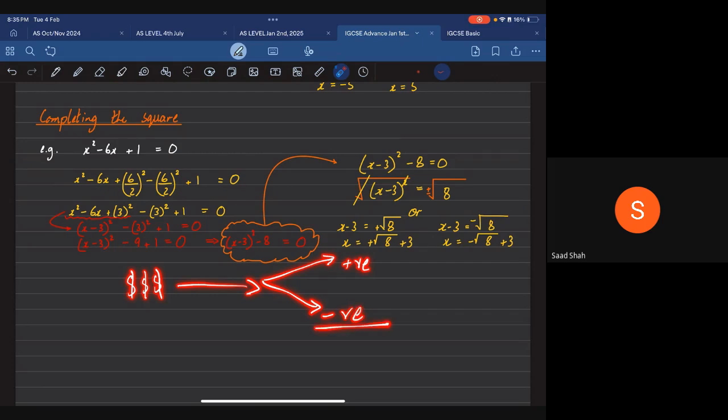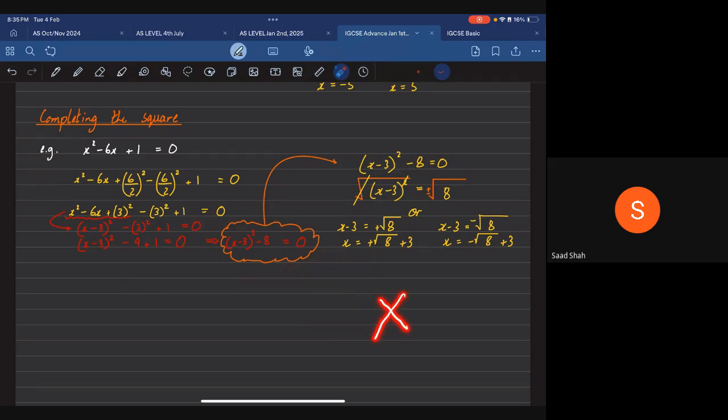Money does not exist in negative terms. Technically, paper money cannot be negative. How many cars do you have? -2. That doesn't make sense. So obviously, you're going to ignore that answer. You're going to say not applicable, or you're going to say this answer cannot be used, and you're going to use one answer.